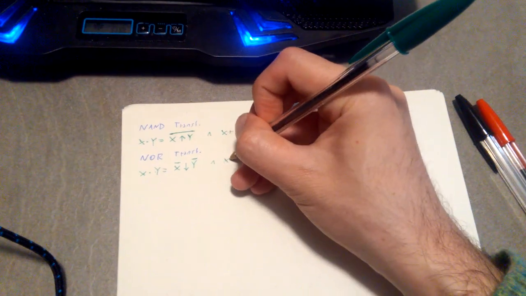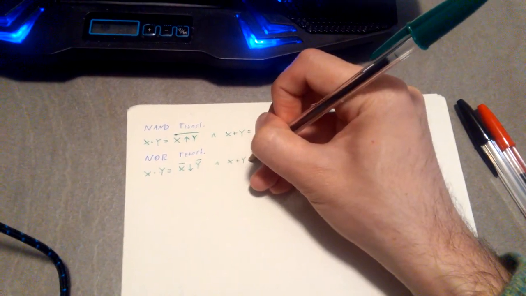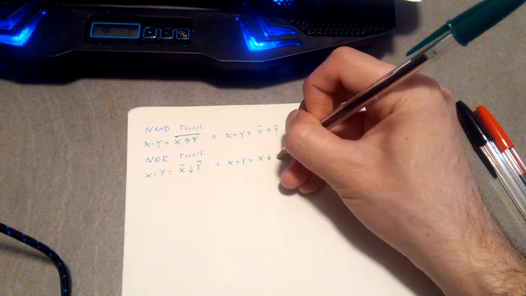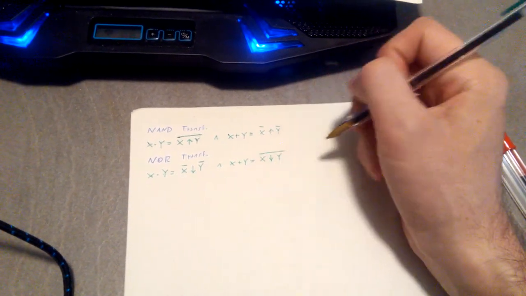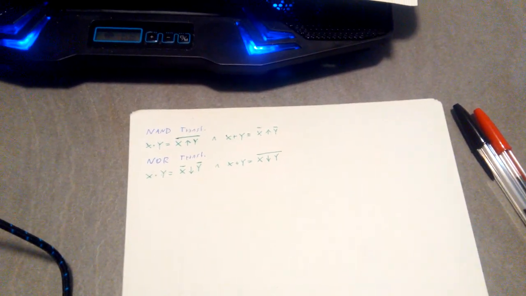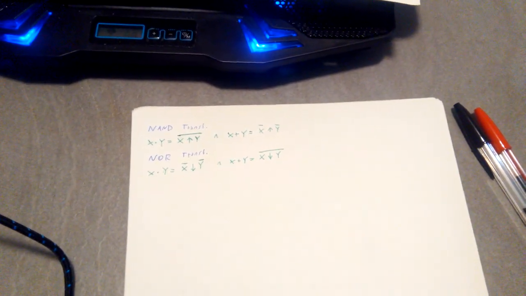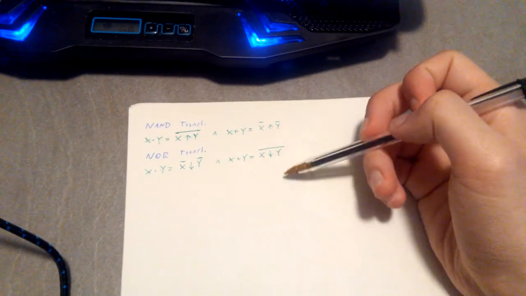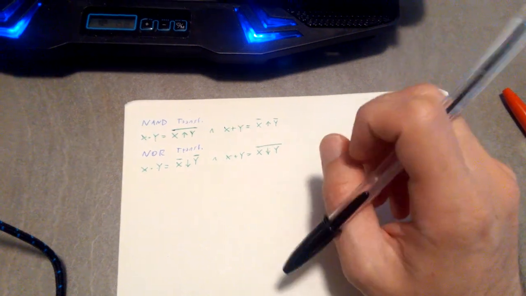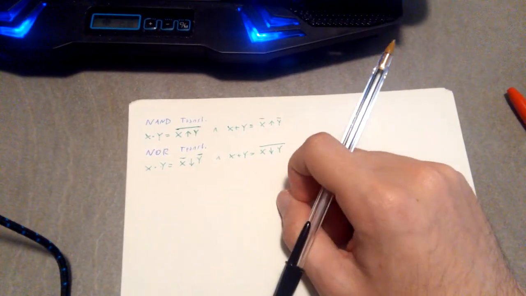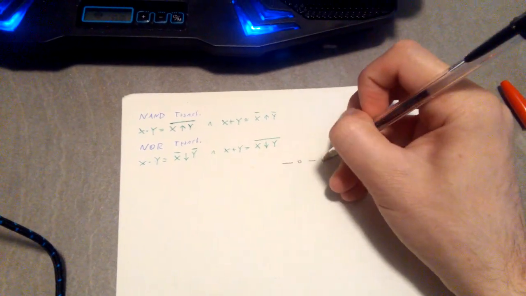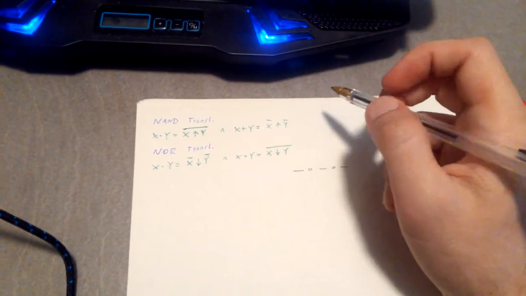And it also says that x plus y is x, with this arrow down, y, all with a not. So we can do a transformation by knowing only those two things, which are derived from De Morgan's law. So what do we do? Well, let's try with an example, shall we?